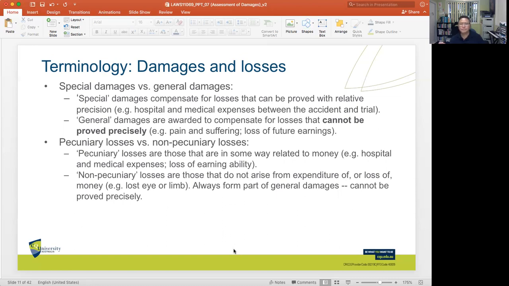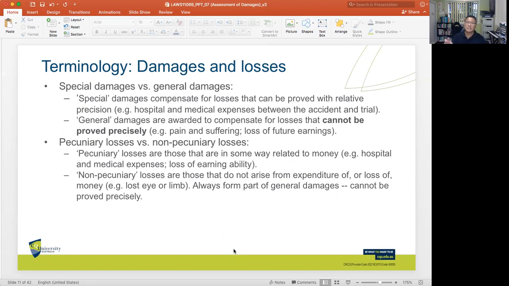But sometimes you can't really tell. For example, once trial is over, you can't really tell the kind of care that might be required to assist or rehabilitate a particular plaintiff. You don't really know what the future earnings of a plaintiff will be as a result of an injury.